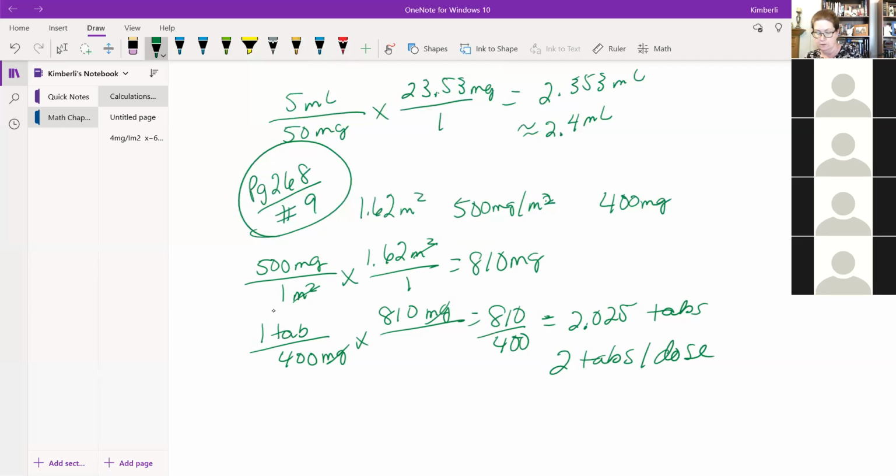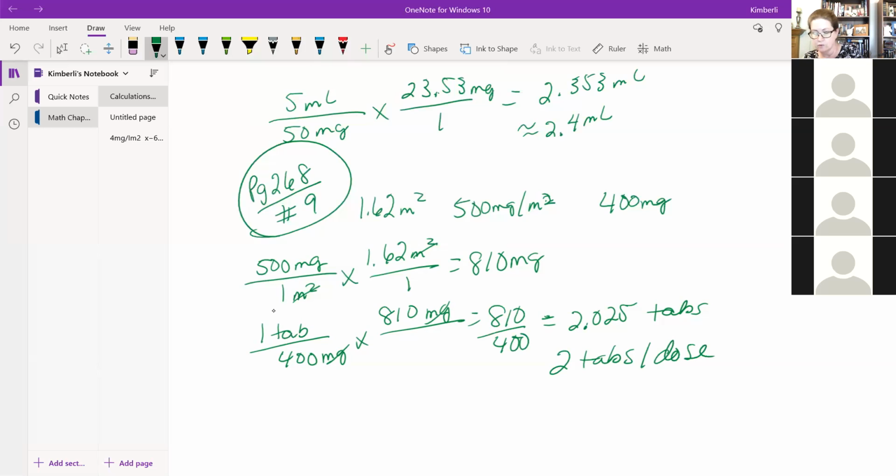Okay, acyclovir. So it says herpes zoster shingles by mouth, adults, elderly, children 12 years and older, 800 milligrams.